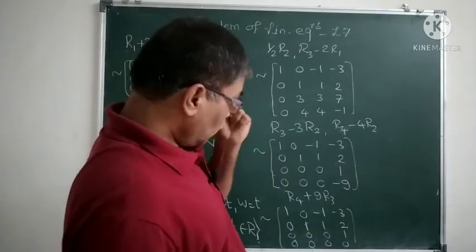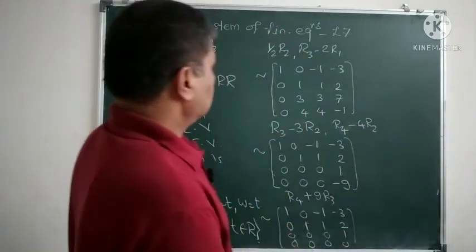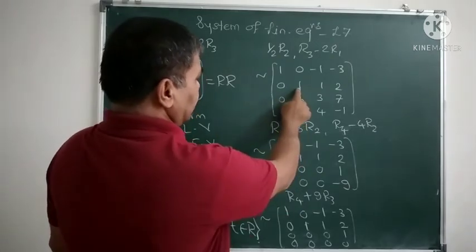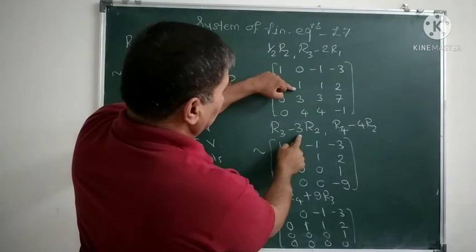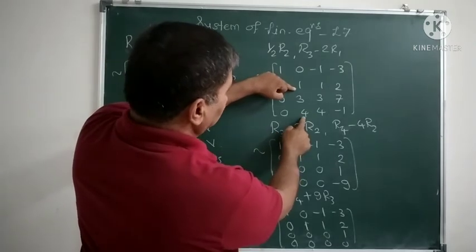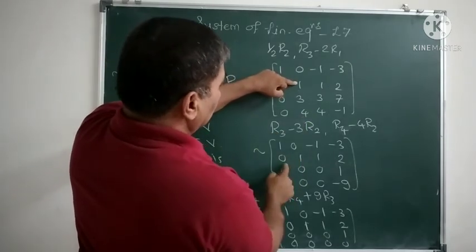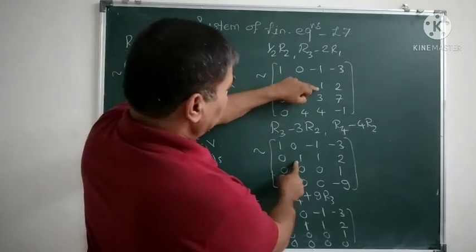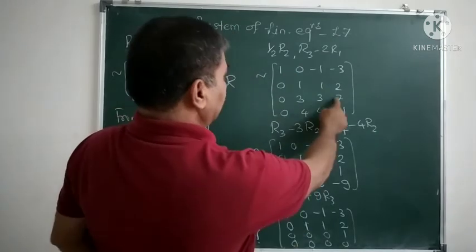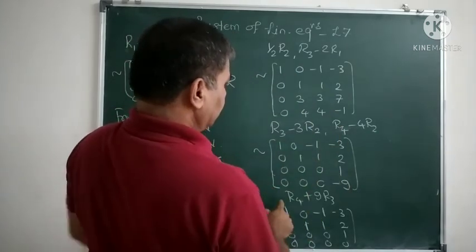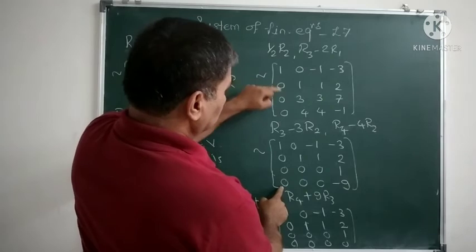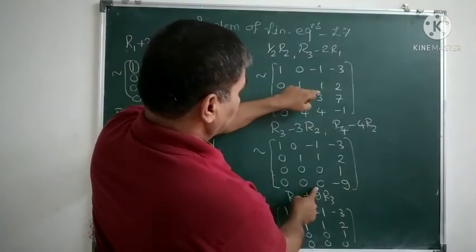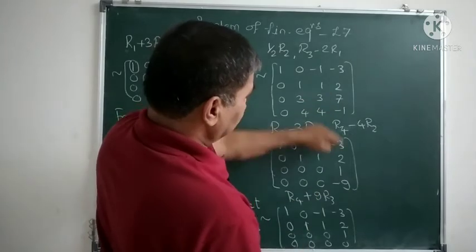Now we have to convert this 3 and 4 to 0 by using this leading 1. So we will apply the operations R3 minus 3 R2 and R4 minus 4 R2. R3 minus 3 R2 gives us 3 minus 3 is 0, 3 minus 3 is 0, then 7 minus 6 is 1, then for R4, 4 minus 4 is 0, 4 minus 4 is 0, minus 1 minus 8 is minus 9.